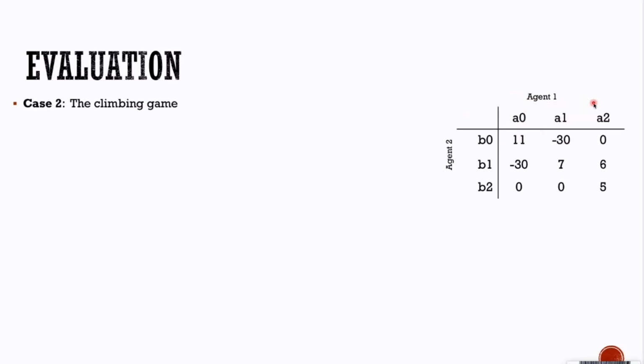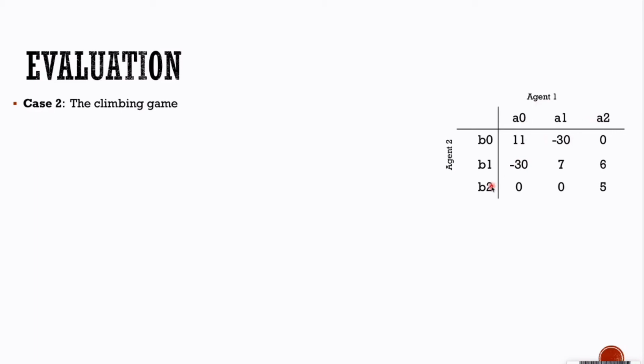But after a while, agent one will start to see that option A2 is better than options A0 and A1. The reason is that whenever action 0 is picked, it may be punished by the value of minus 30. So it will find that action 2 is better than 0 and 1, and it will start to play mainly action 2.